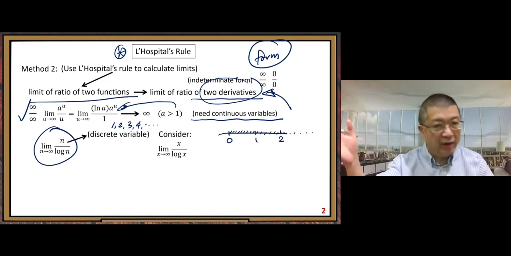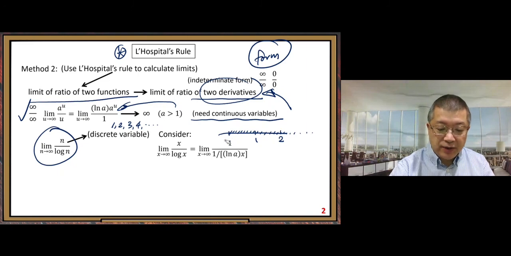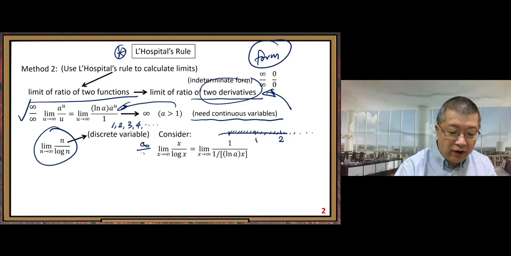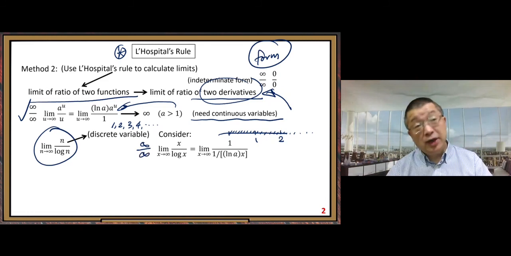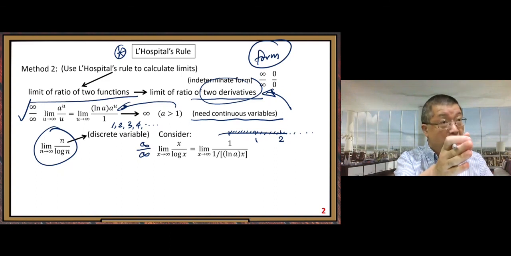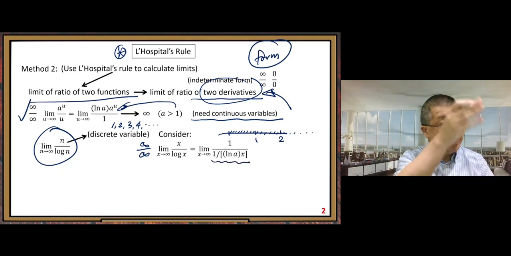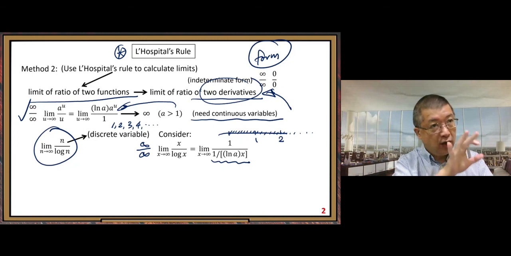So with a continuous variable, because it is an infinity over infinity form, we can apply L'Hopital's rule. When we apply L'Hopital's rule, we take derivatives: the derivative of x is 1, and the derivative of log base a of x is 1 over natural log of a times x.